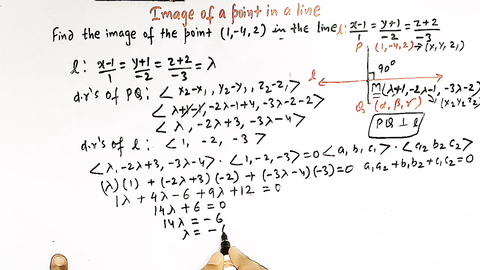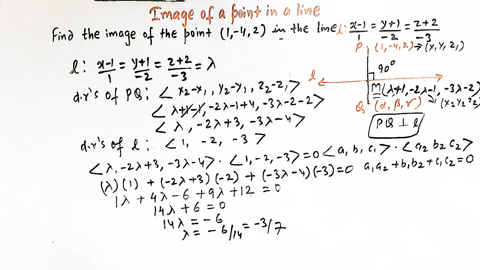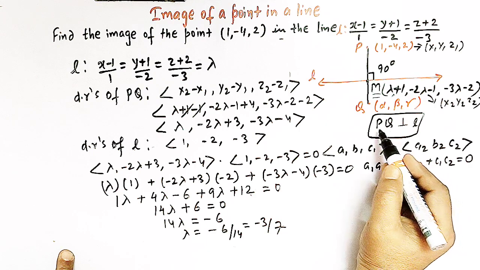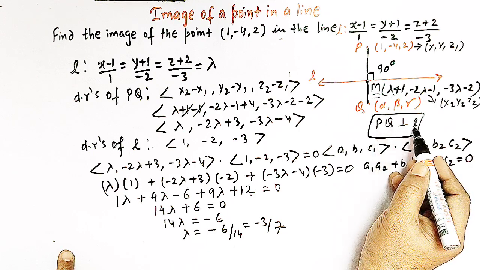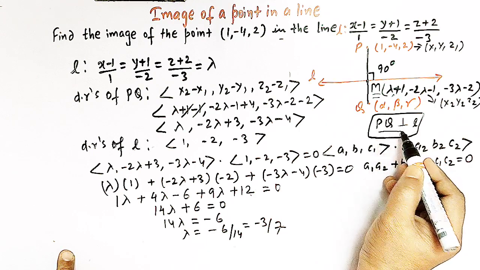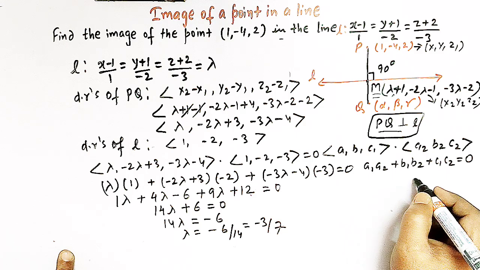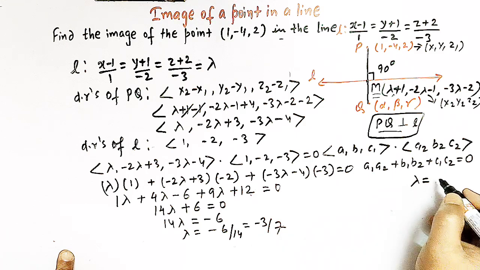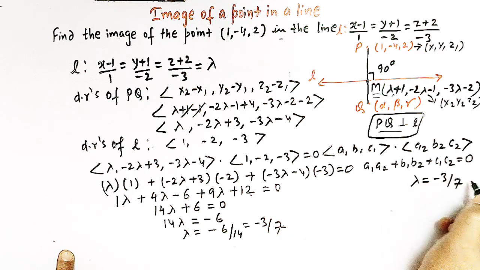So lambda is minus 6 over 14, so this is minus 3 over 7. So due to the condition that PQ is perpendicular to L, we have obtained the value of lambda as minus 3 over 7.